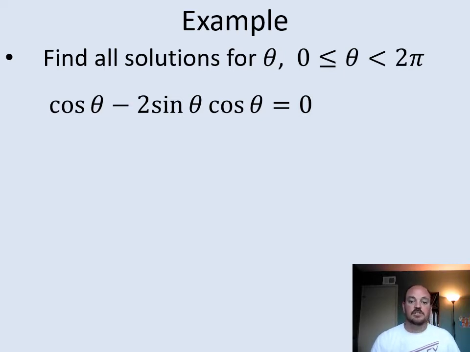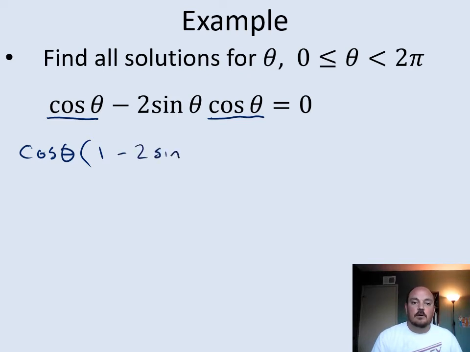Now when I look at the equation itself, I notice a couple things. Number 1, it is equal to 0, which is good if I want to solve by factoring. And number 2, I have a common term, a cosine theta. So if you have a common term, let's go ahead and factor that out. So I'm going to factor out the cosine theta, and it's going to leave me with 1 minus 2 sine theta.